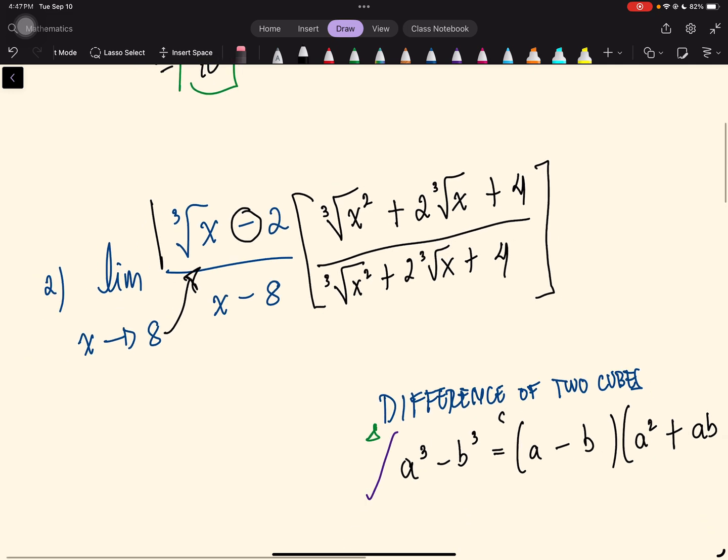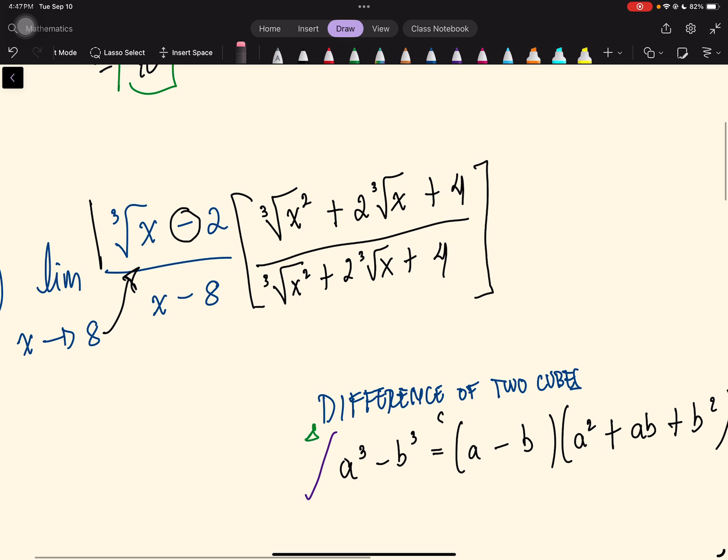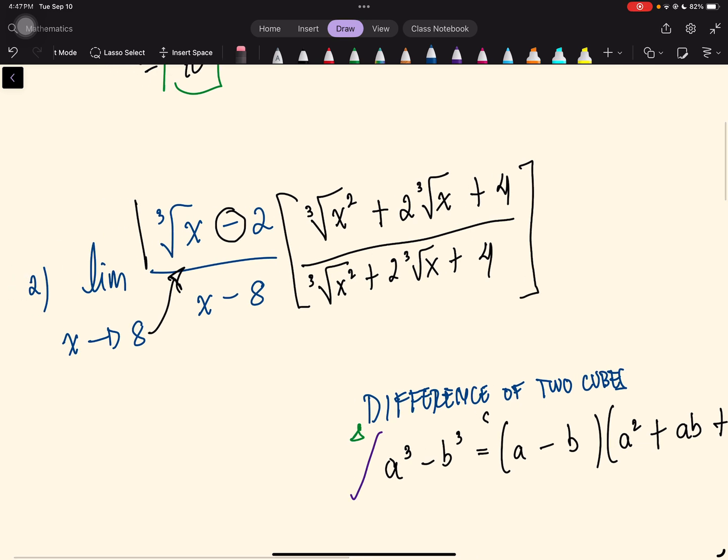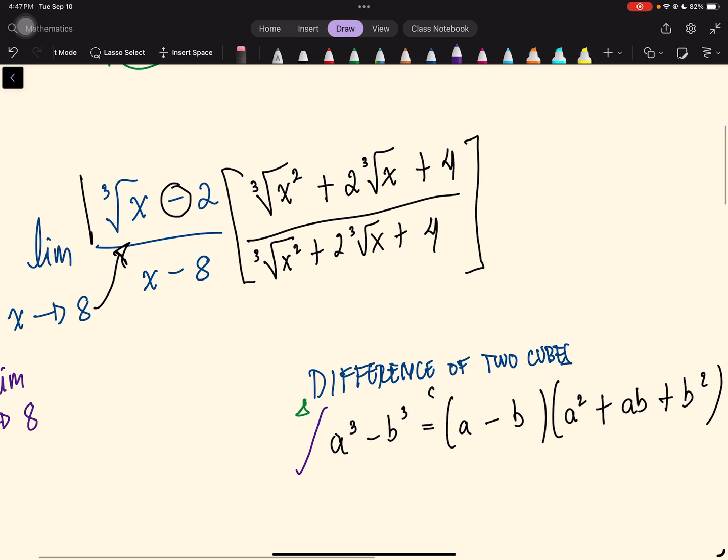Okay? Now, once we multiply this, I no longer need to FOIL it or distribute it, because I already know the pattern. I just based it on the difference of two cubes. So now, the limit as x approaches 8, the numerator will now be in this form.